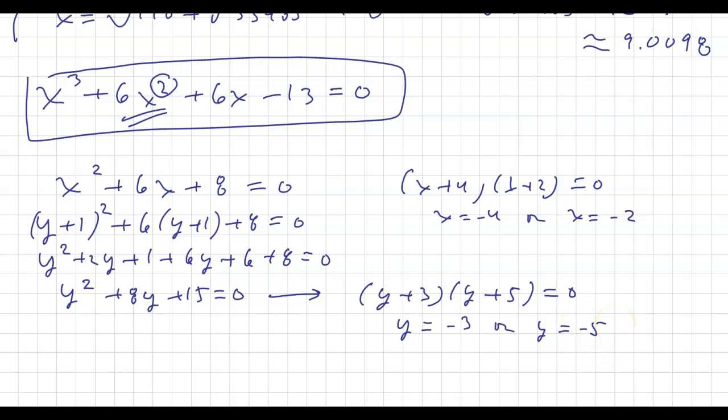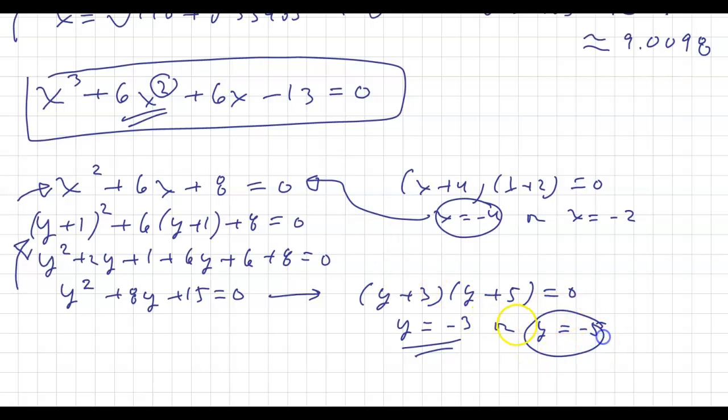What I want you to notice is that the answers to this equation are one less than the two answers to this equation. Because if negative 4 makes this equation true, then negative 5 should make this equation true, because it's like the same thing.